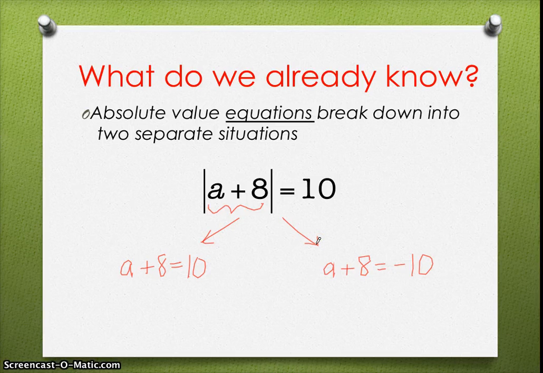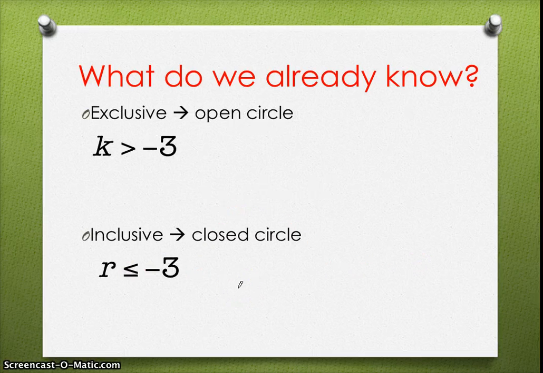We want to keep this formatting in mind when we're working with inequalities. The last thing that we need to remember is how to graph inequalities when we're given a final statement. We know that when we're working with exclusive inequalities, we're graphing with open circles.